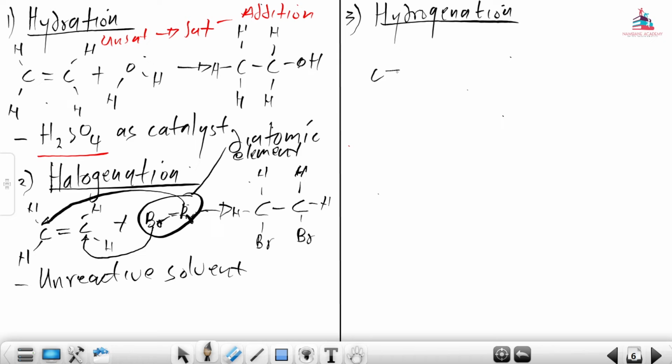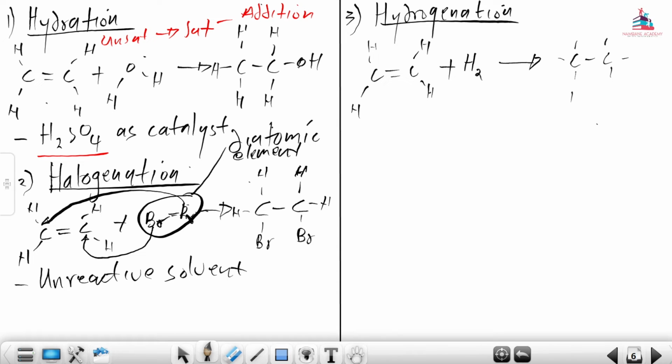So we're going to start again with our double bond, and then add our hydrogen as per definition. Add our hydrogen, which is H2. Then we are going to have single bonds. This is key, breaking down of the double bond.